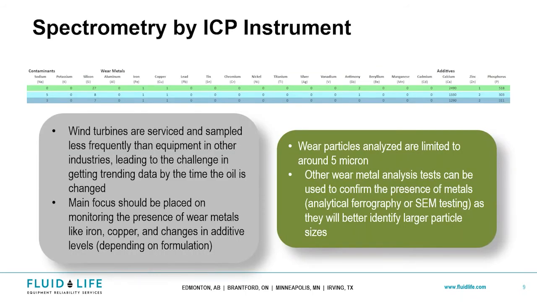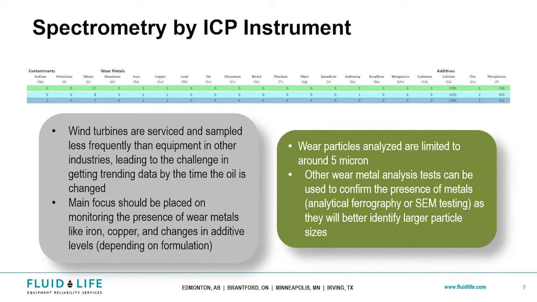So let's start with spectrometry by ICP instrument. Wind turbines are serviced and sampled less frequently than equipment in other industries, as we've discussed multiple times now. That leads to a challenge, specifically in trending data by the time the oil is out of service and it's bad.